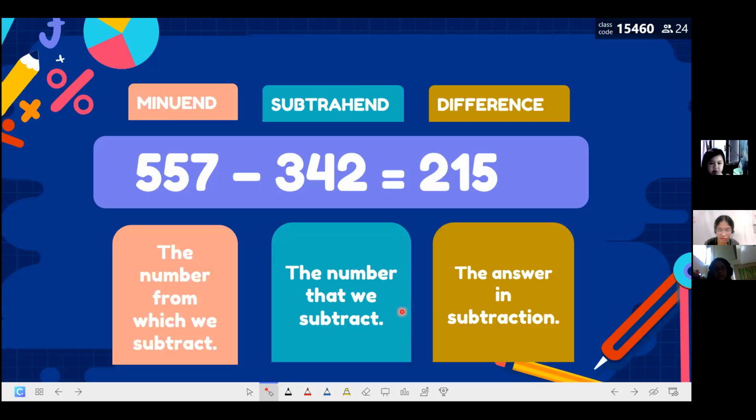Can I have Zayden? You can try to answer how to find the difference. Teacher, I have a question. Andy, I can't see the words in the slide here in the class point.